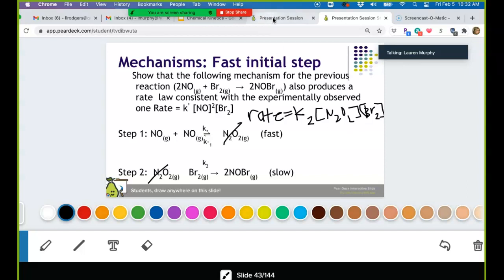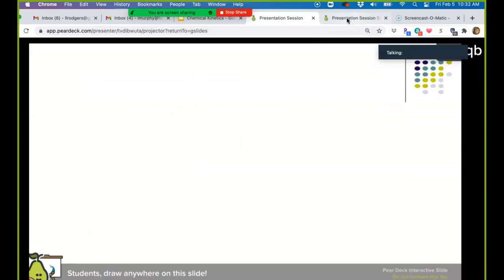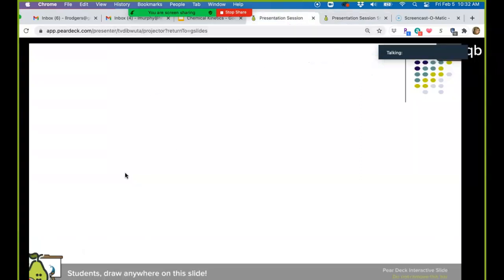So what do I do? I go back up to my fast reaction. And I say the rate of the forward reaction equals the rate of the reverse reaction, because by definition, this is what equilibrium is. Okay, so I write my rate law going forward, and I set it equal to my rate law going backwards. So going forward, it's K, and then let's go back to the reaction.